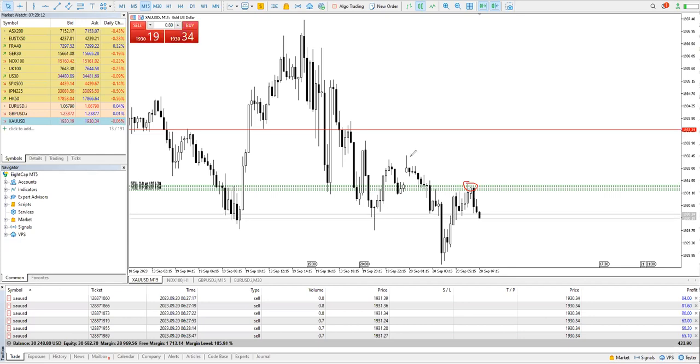However, if you look, this was like a structure, all right, a consolidating structure, which after got broken, right, here there is a hidden order block which can only be seen on a 5-minute time frame. It is the same order block that I just showed you on a 5-minute time frame, but here it is hidden on a 15-minute time frame.